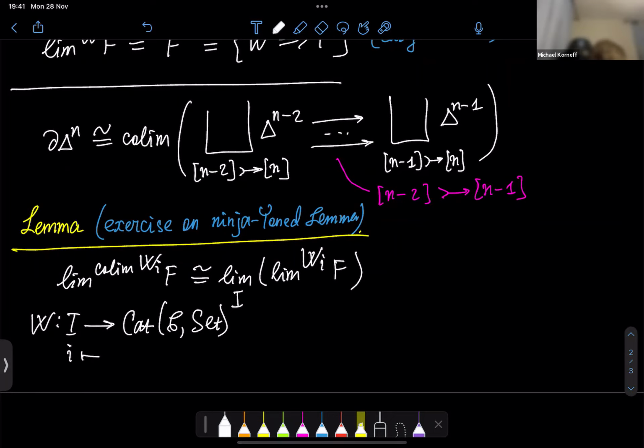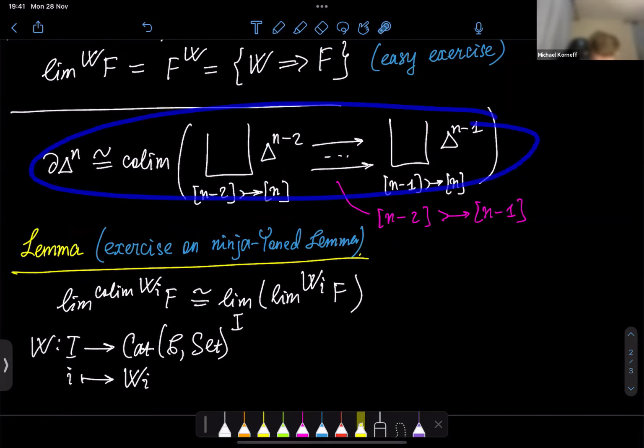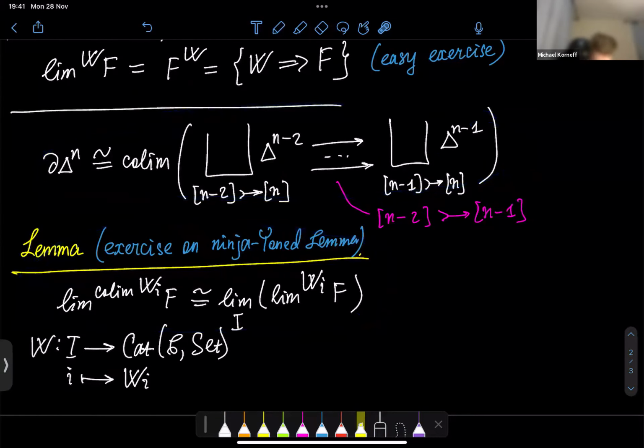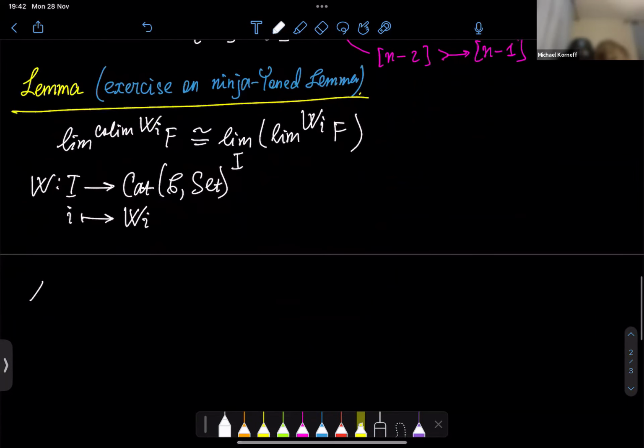It maps I into WI. Okay, and using this description and this lemma, we can obtain the following characterization of the matching object.